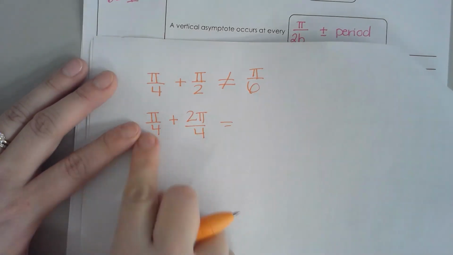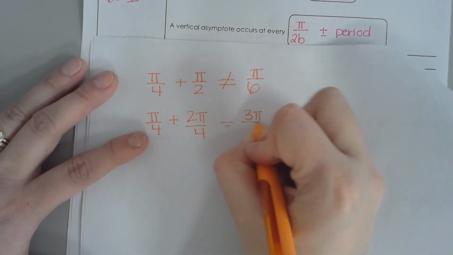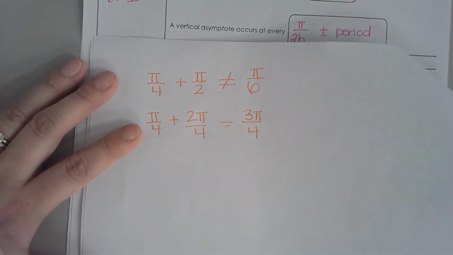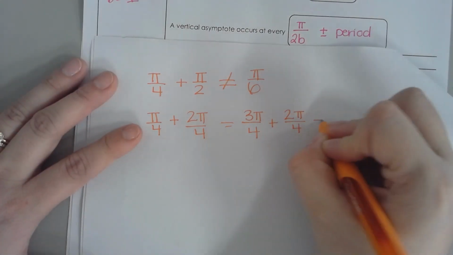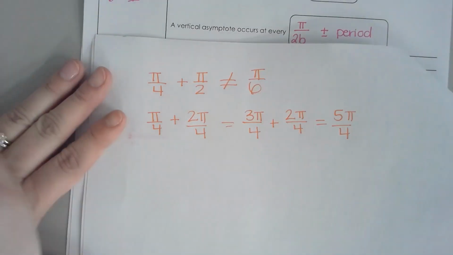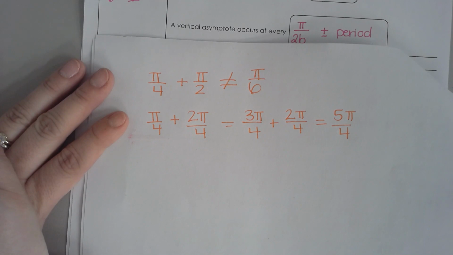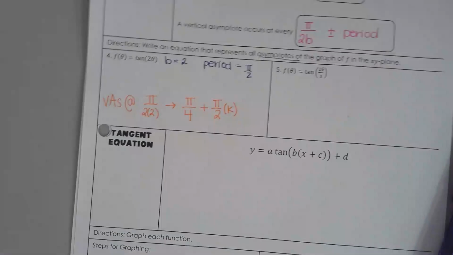So the next vertical asymptote would be at 3 pi over 4. And then I would keep adding 2 pi over 4, and so the next one would be 5 pi over 4. Can you just think about how pi over 2 is also 2 pi over 4? Yeah, that's what you're doing. Yep.